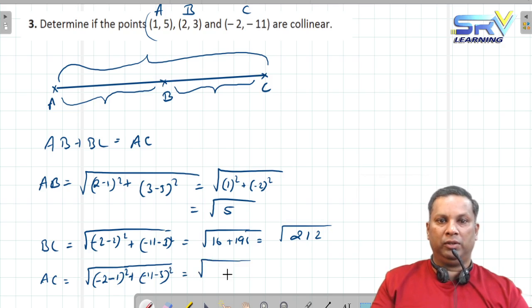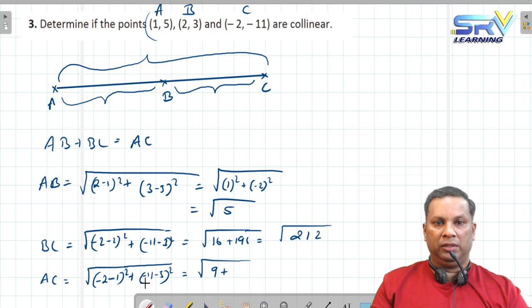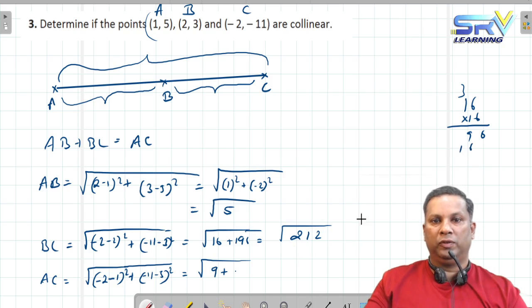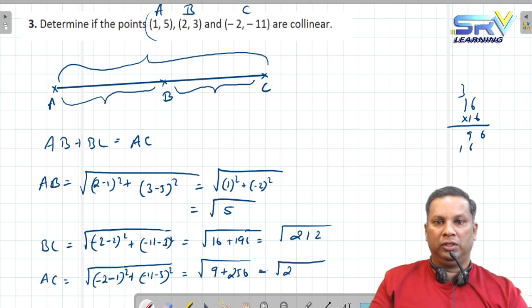Root of minus 3 whole square is 9 and minus 11 minus 5 is minus 16 whole square. What is minus 16 whole square? 16 into 16 is 256. 256 plus 9 is 265.